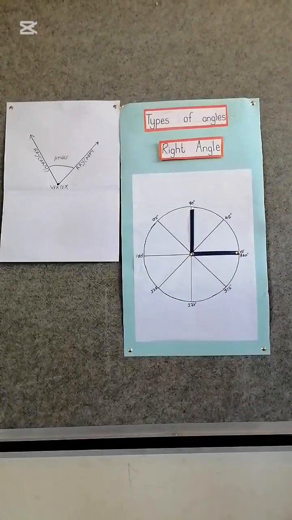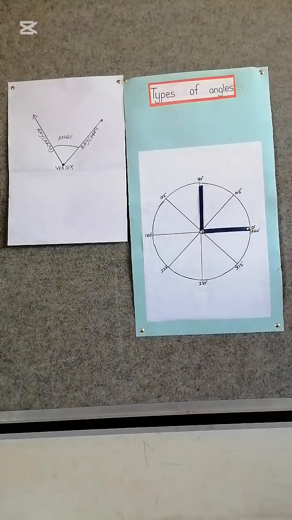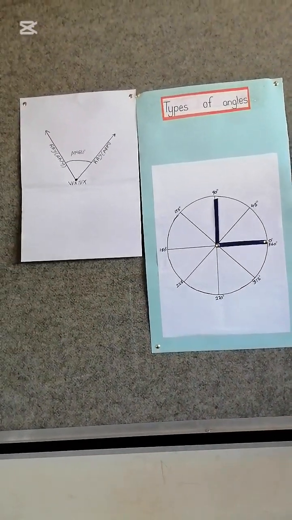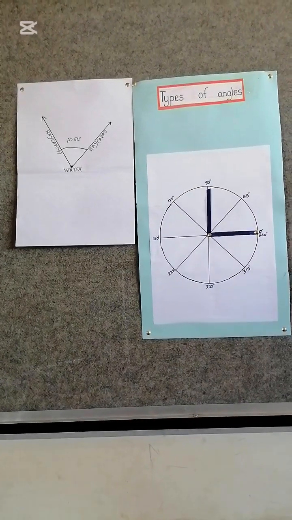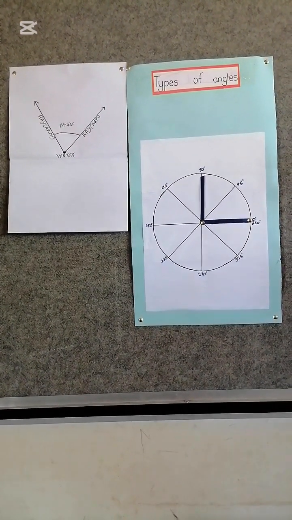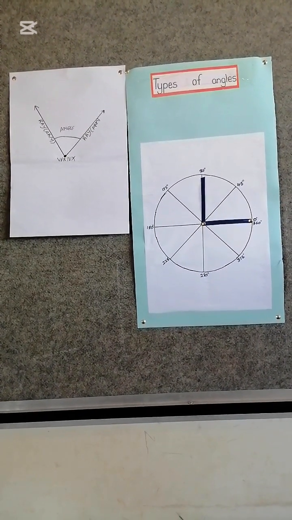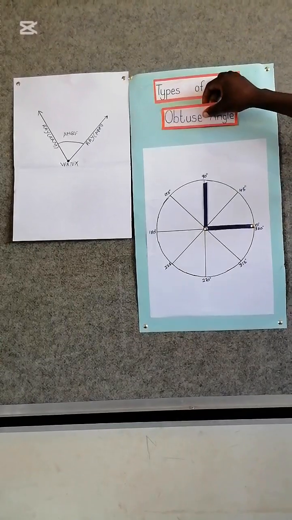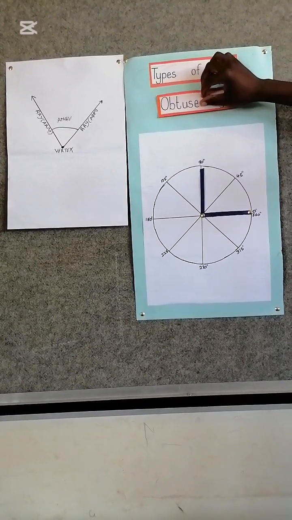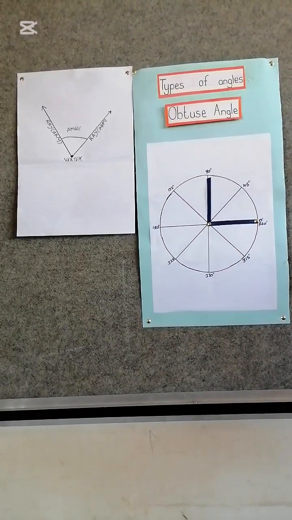Then from a right angle, we will go straight to an obtuse angle. As you know, we have to show them according to their arrangement as they go bigger and bigger. Here is an obtuse angle. How can we classify that this one is an obtuse angle?